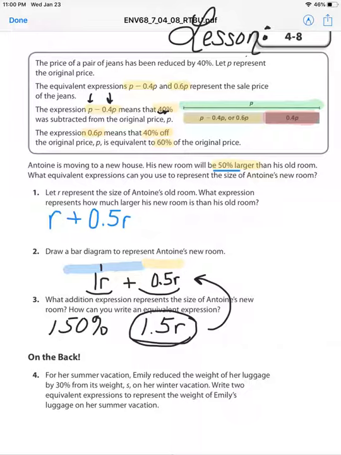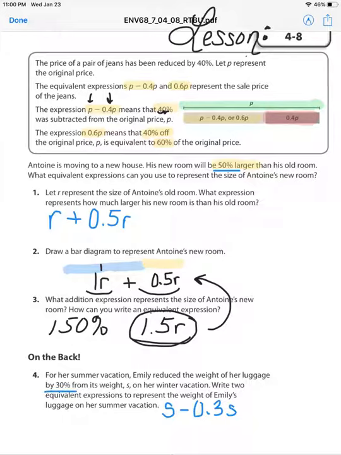So if her luggage weighs S and she reduces it by 30%, we can say S minus 30%, written as a decimal, is 0.3 times S.